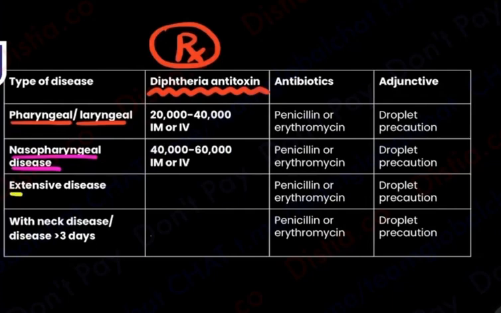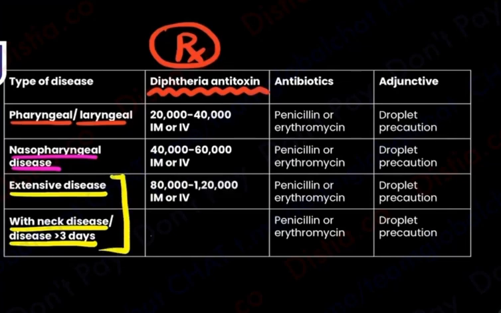But if it becomes very, very extensive, or if it shows you neck disease and more than 3 days ka involvement, you will have to give 80,000 to 1,20,000 units. And sometimes they also say that half should be given IM and half should be given IV. That is also something they say.